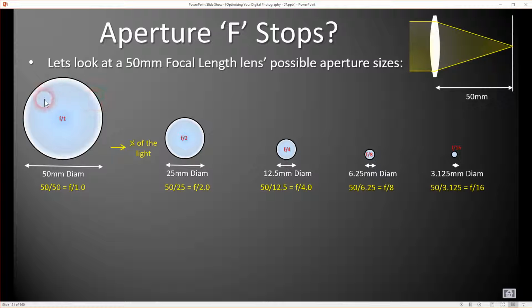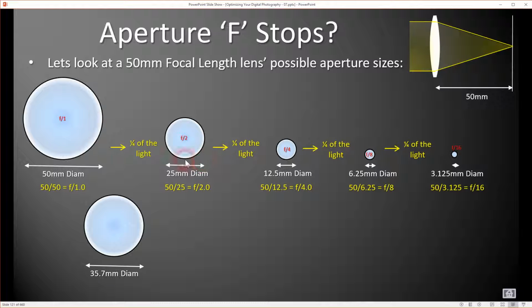But because we're dealing with areas, what we're actually doing is reducing the area by 4 times, which means that each one of these jumps, f1, 2, 4, 8, 16, is reducing the amount of light onto the sensor to a quarter. It's 3/4 that's been reduced, but we're only getting a quarter of the light each time, by the time we get down to f16.